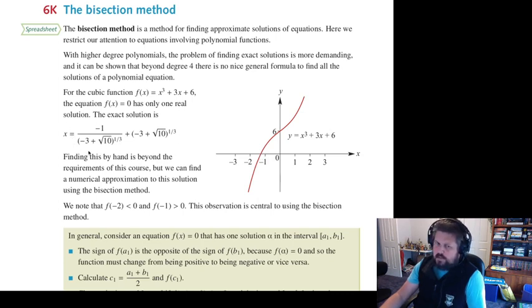It's quite a big exact solution there. Yep. So it says here finding this by hand is beyond the requirements of this course, so you don't expect to do this by hand, but you could find an approximate solution by using this method that we're about to have the chat about, which is the bisection method.